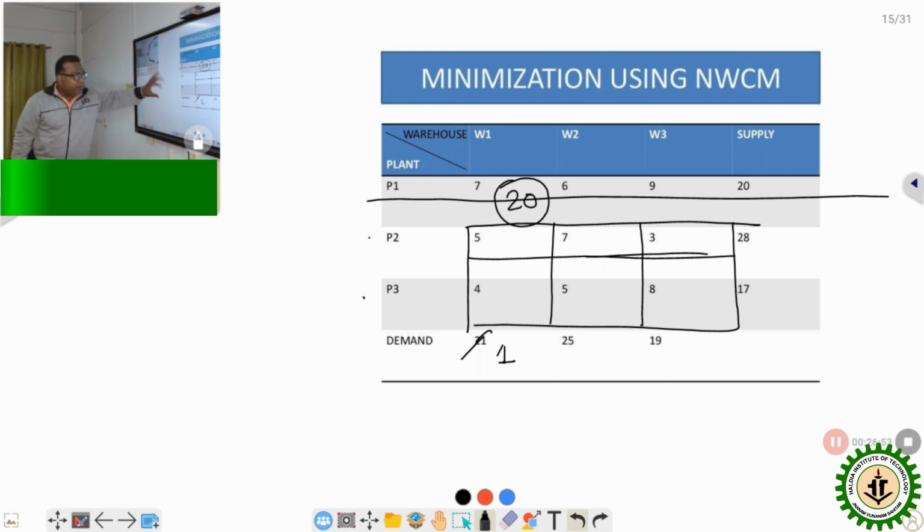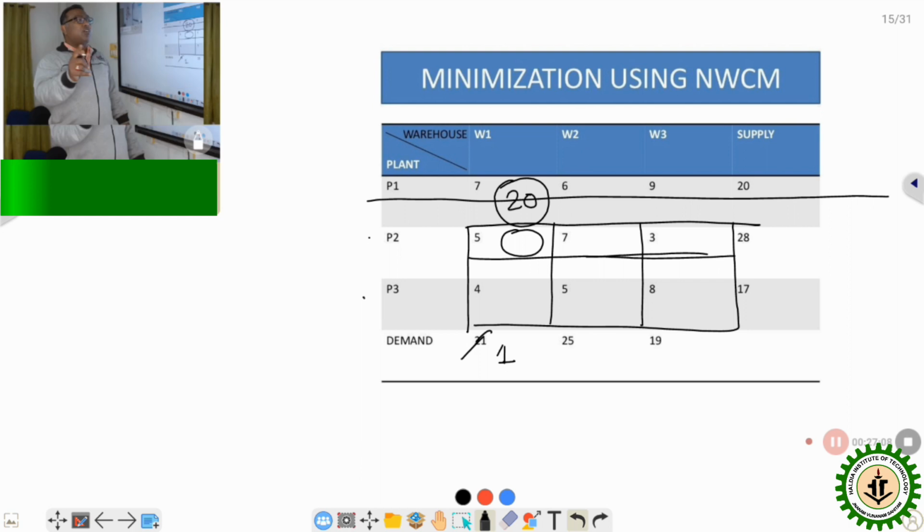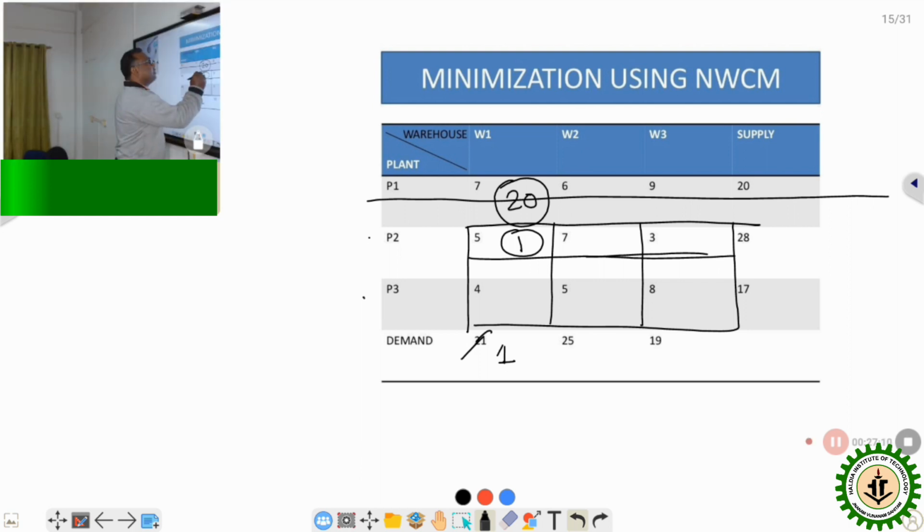So in the new matrix, what is the northwest corner? This is your northwest corner. Demand is 1 unit, available is 28, so you can transport only 1 unit here.